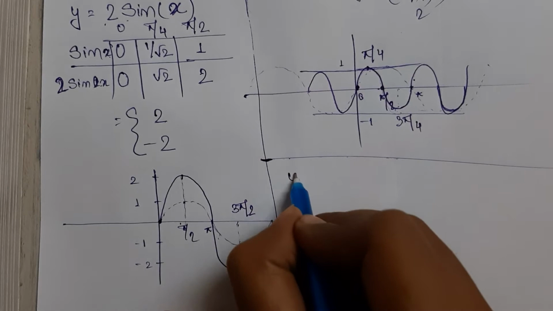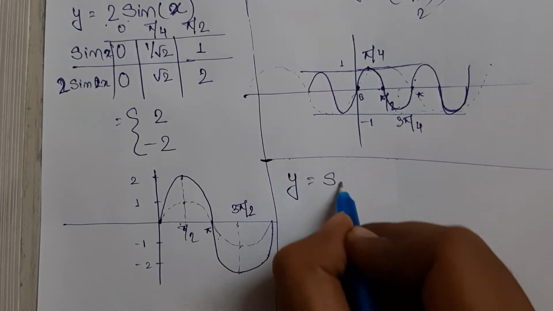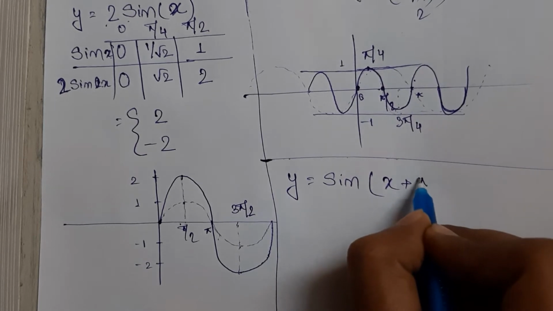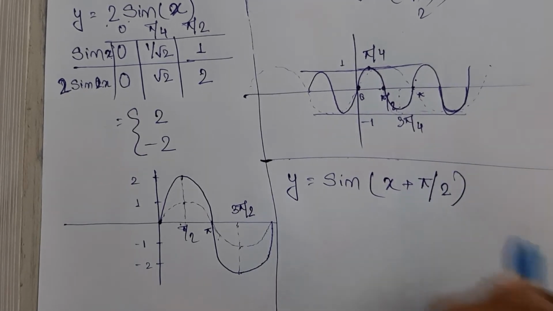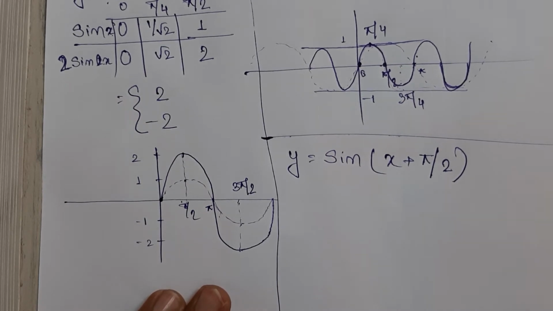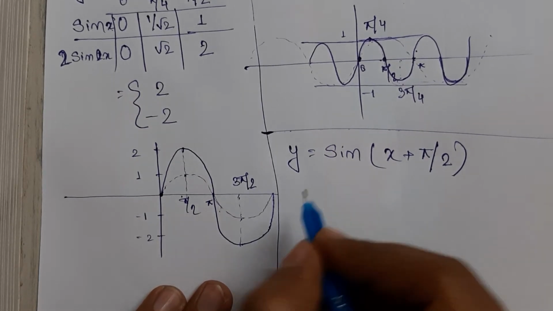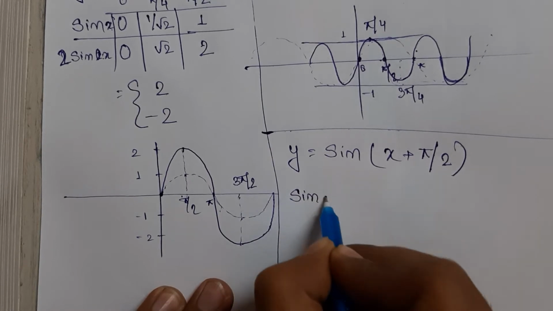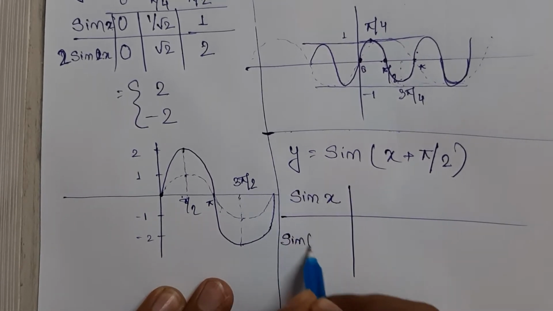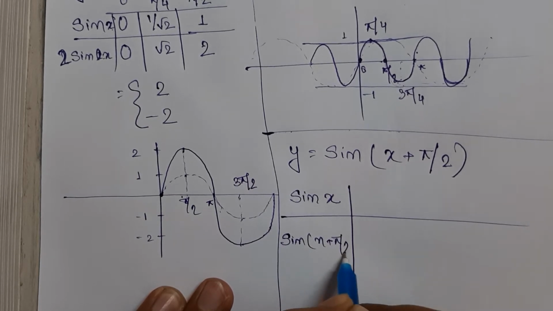If somebody gives you a graph like this, now what will be the change in the graph, right? Let us see, when it is sin x and when it is sin of x plus pi by 2.